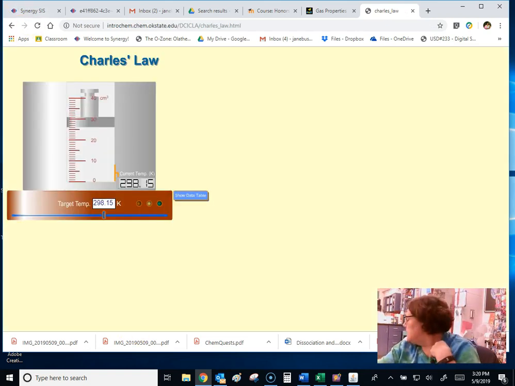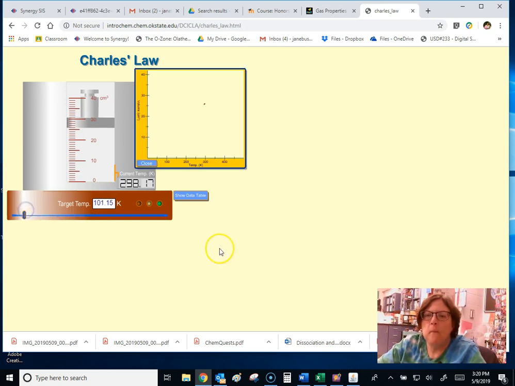This is the next page in your packet. We're going to drag the blue slider back and forth, and you're going to see a graph appear. So I'm going to take the temperature and I'm going to cool it off. And notice it's cool now, and the piston is lowering, so the volume is getting smaller, and we're getting a nice graph of it over here.